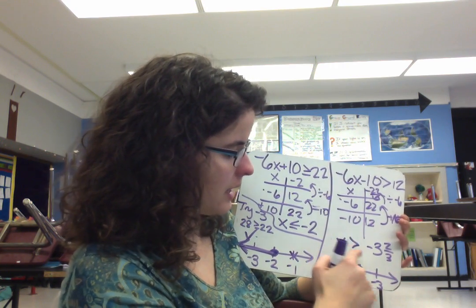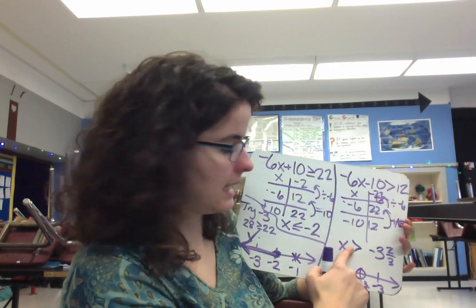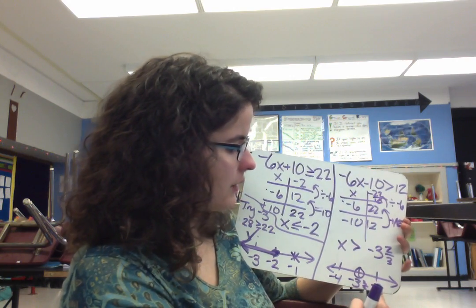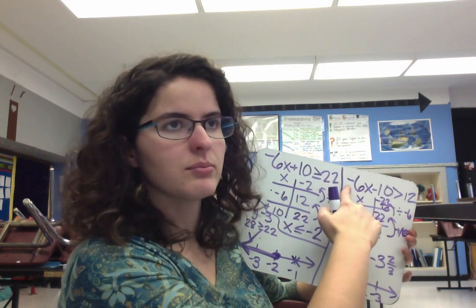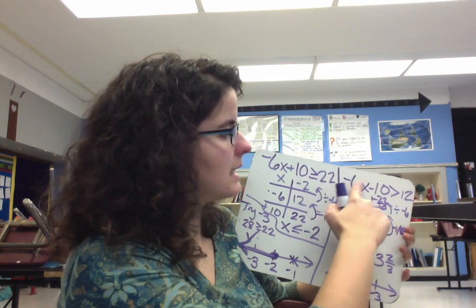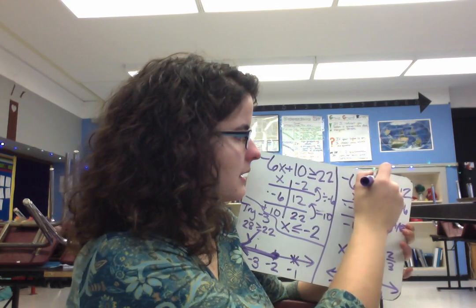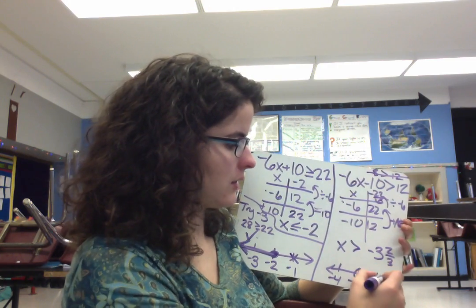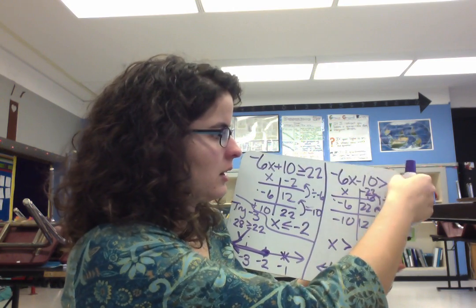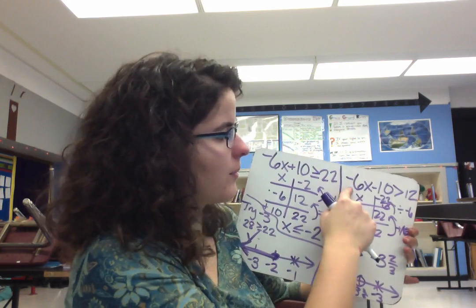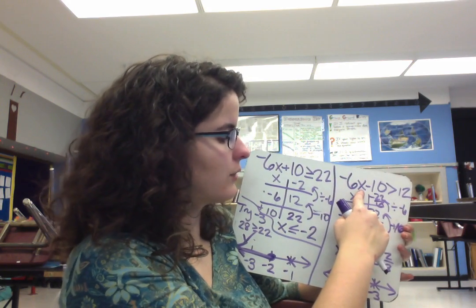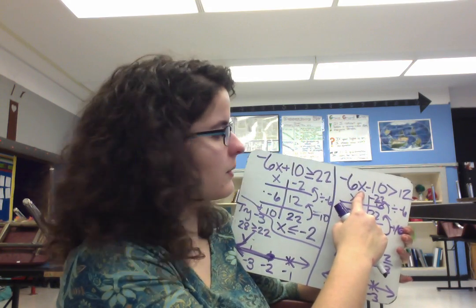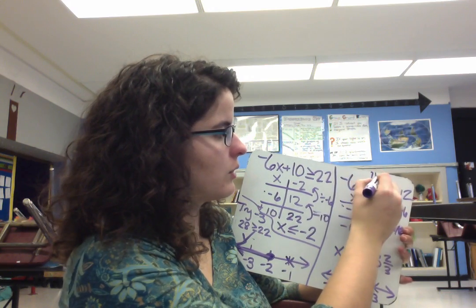So let's check -3 first, since we thought it needed to be greater than. If I did -3 times -6, I would have +18. 18 minus 10 would be 8. 8 is not greater than 12. So -3 does not work. Now if I tried -4, and I did -6 times -4, that would be 24. 24 minus 10 would be 14.